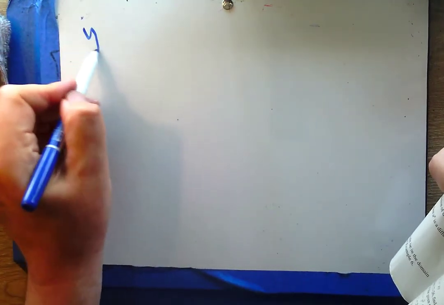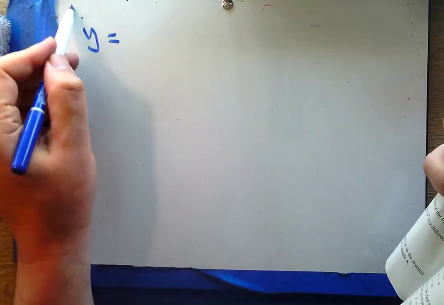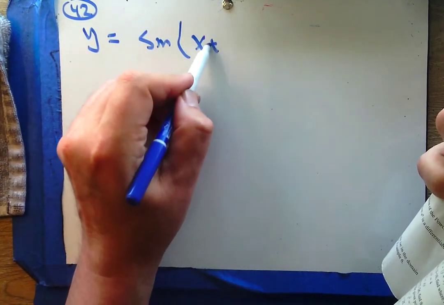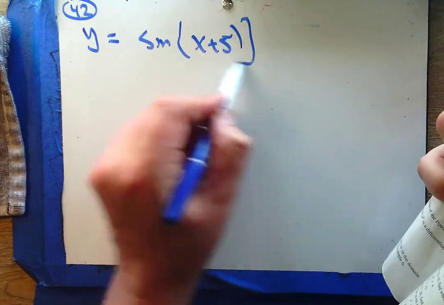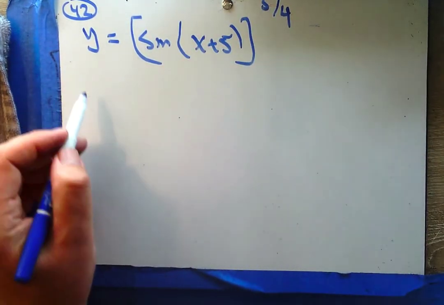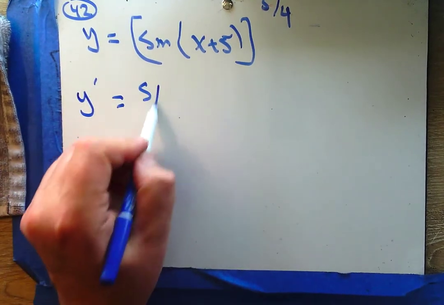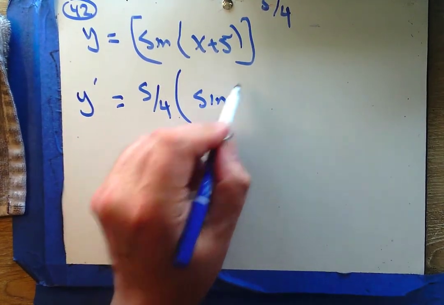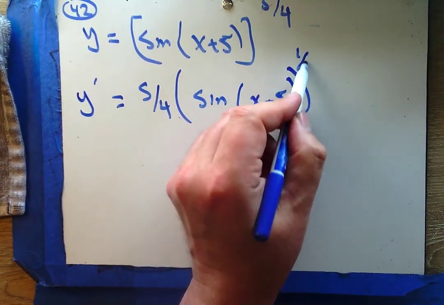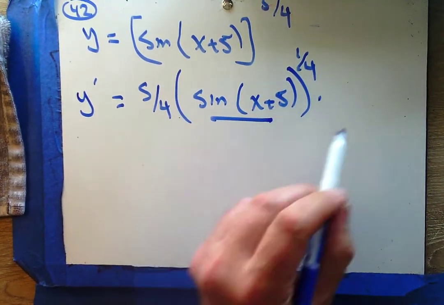That was 39, and now we have our last problem from this chunk, 42. And we've got sine of (x plus 5) to the 5/4. Okay, so y prime, 5/4, sine (x plus 5) to the 1/4 times the derivative of the inside.